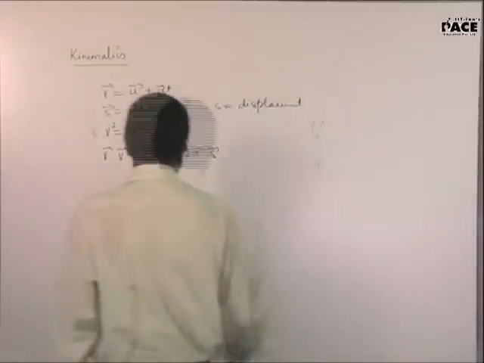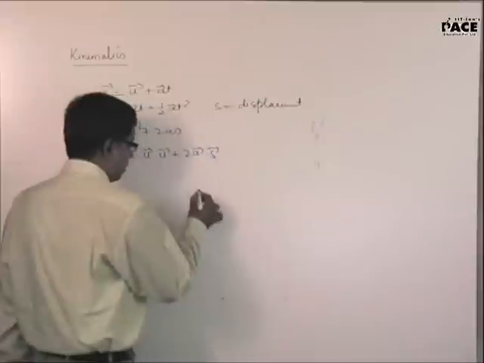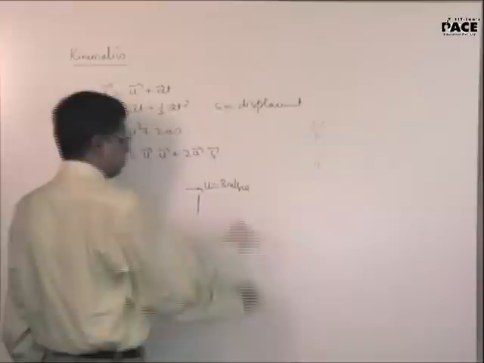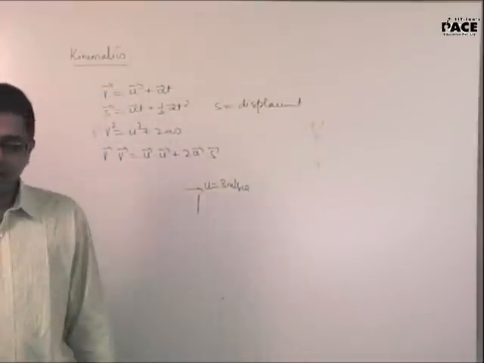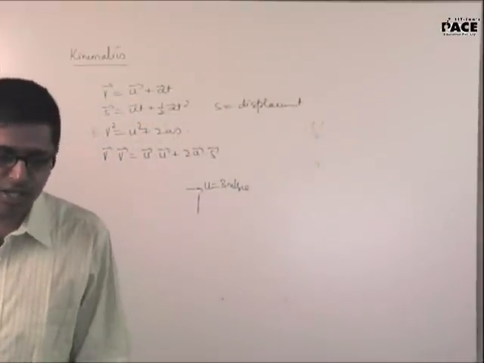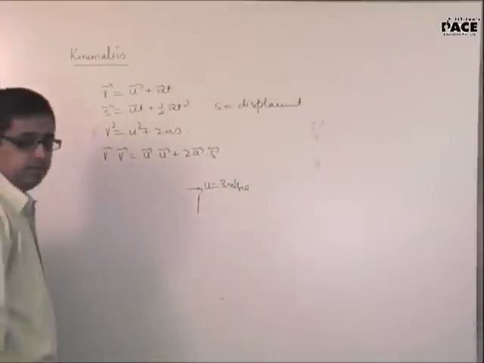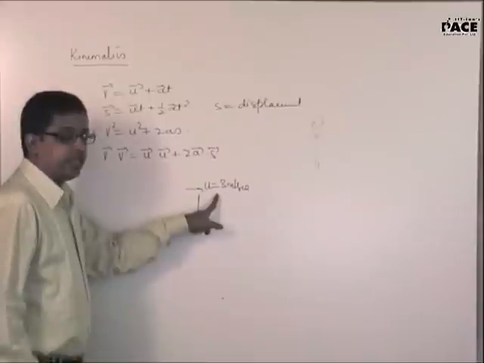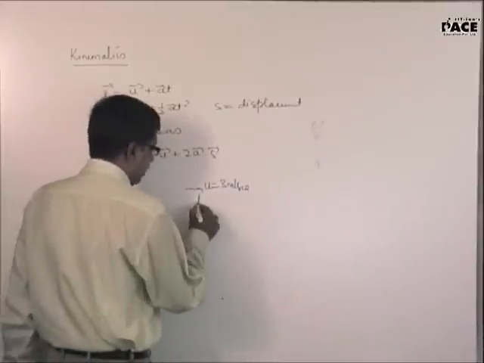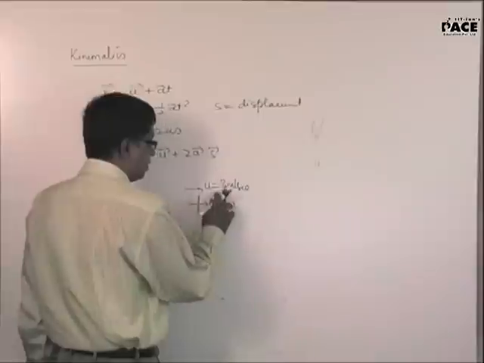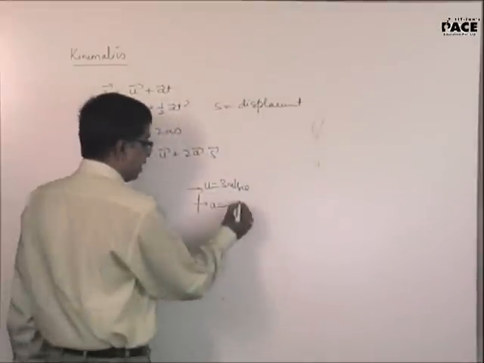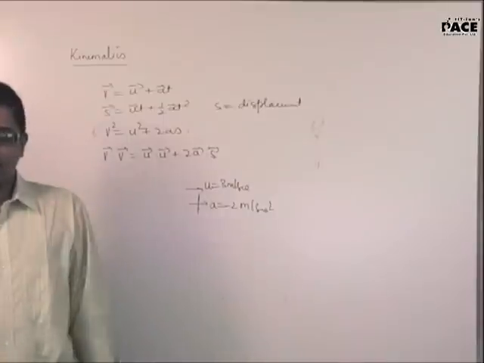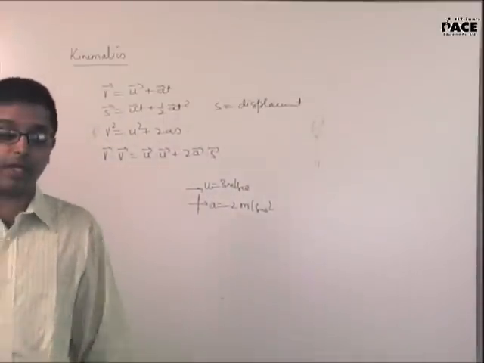For instance, consider a problem. Initial velocity of the body is 3 meters per second. Acceleration is 2 meters per second square, minus 2.